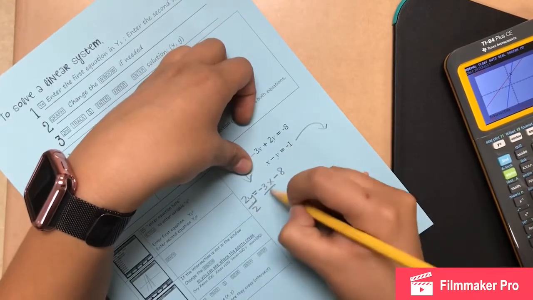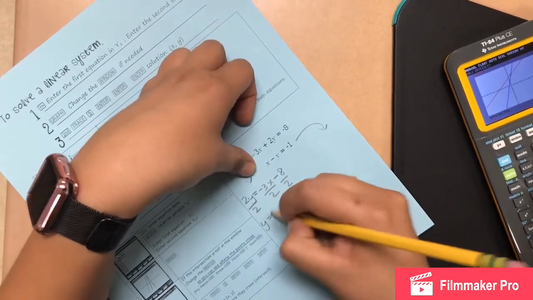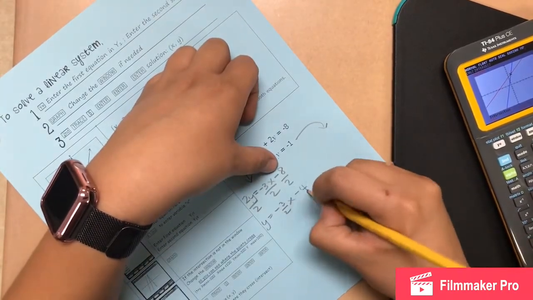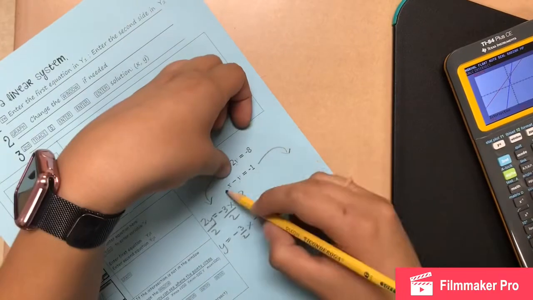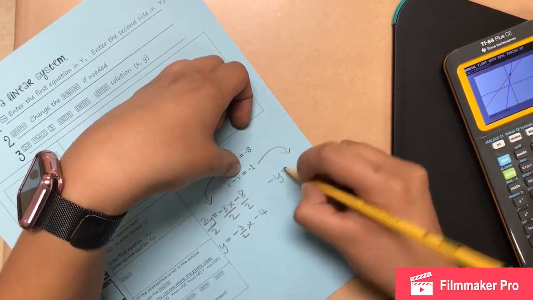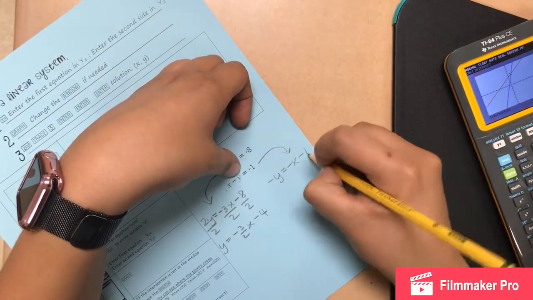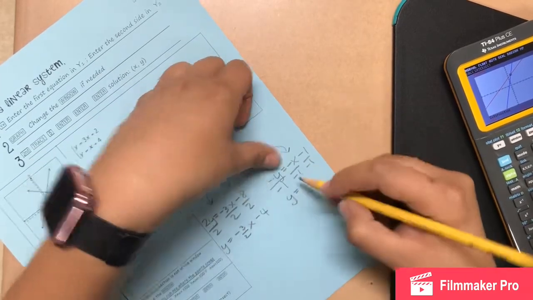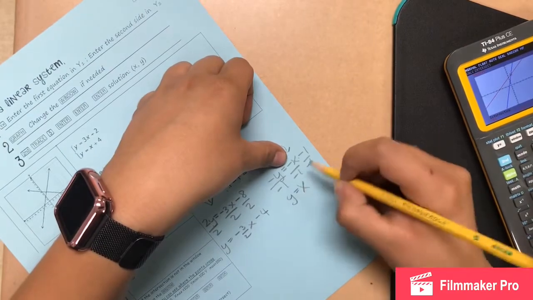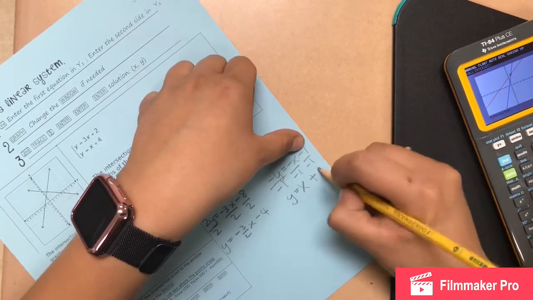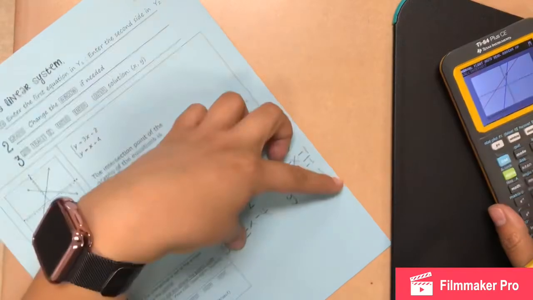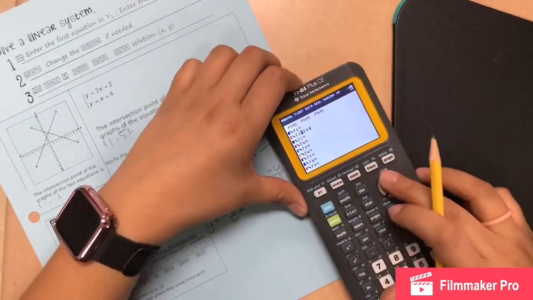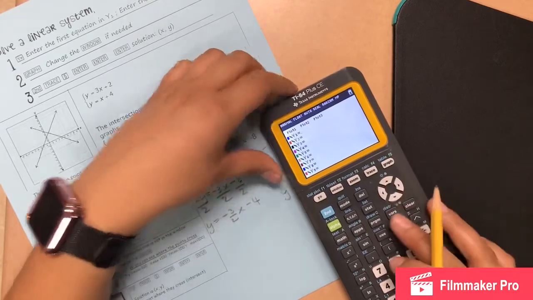I'm going to divide everything by 2, so y equals negative 3 over 2x, and negative 8 divided by 2 is negative 4.